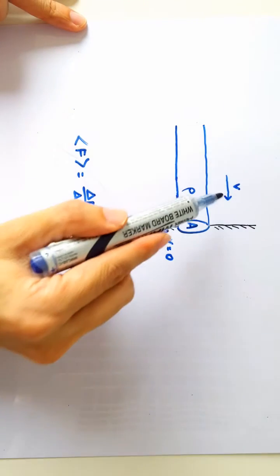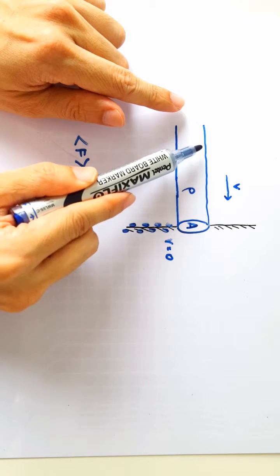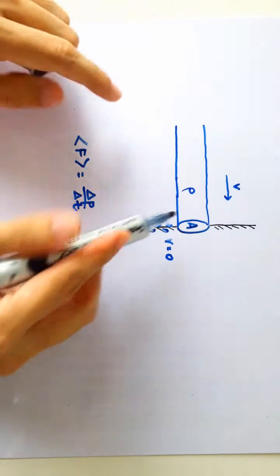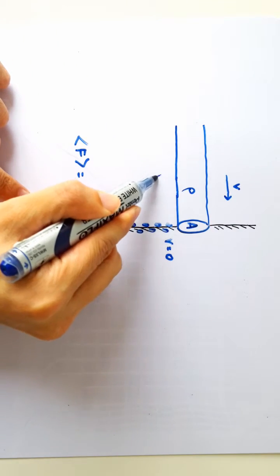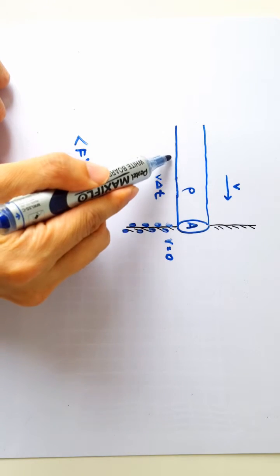Okay, so let's come back to this diagram here. If the water jet is traveling at speed v, then the distance traveled by the jet in duration time delta t would be v delta t, right? Speed times time, so that's the distance.